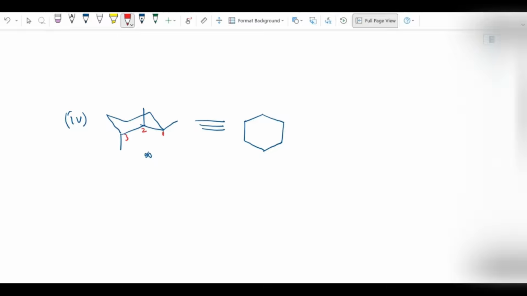If you number these carbons as 1, 2, 3, we're going to assume that whatever is pointing up will get a wedge bond, and whatever group is pointing down will get a dash bond. On carbon 1, the methyl group is pointing up, so we place it on a wedge bond. On carbon 2, the methyl group is pointing up, we place it on a wedge bond. On carbon 3, the methyl group is pointing down, so we're going to place that on a dash bond.